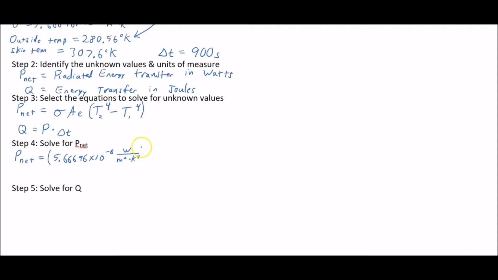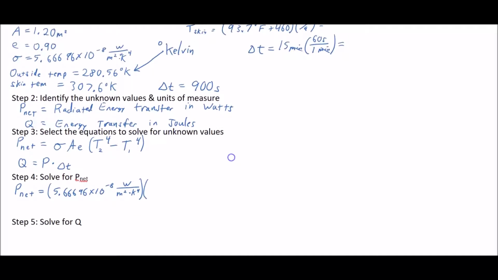Oh, there's that to the fourth. Now we multiply that by the area, which is 1.2 meters squared. Then we multiply that by the lowercase e, the emissivity of the skin, 0.90. And then we multiply that by the difference of those temperatures to the fourth.